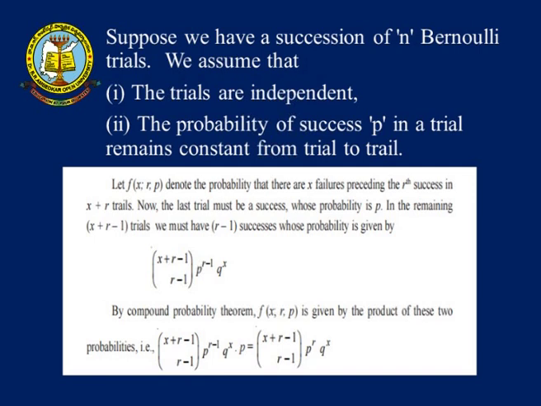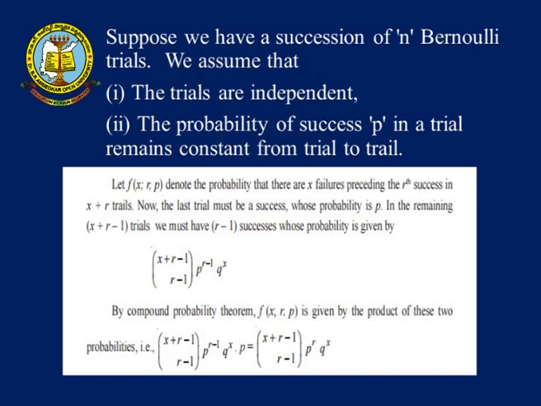What are the remaining trials? x plus r minus 1 trials remain. We must have r minus 1 successes among them, whose probability is given by x plus r minus 1 C r minus 1 into p to the power of r minus 1 into q to the power of x.